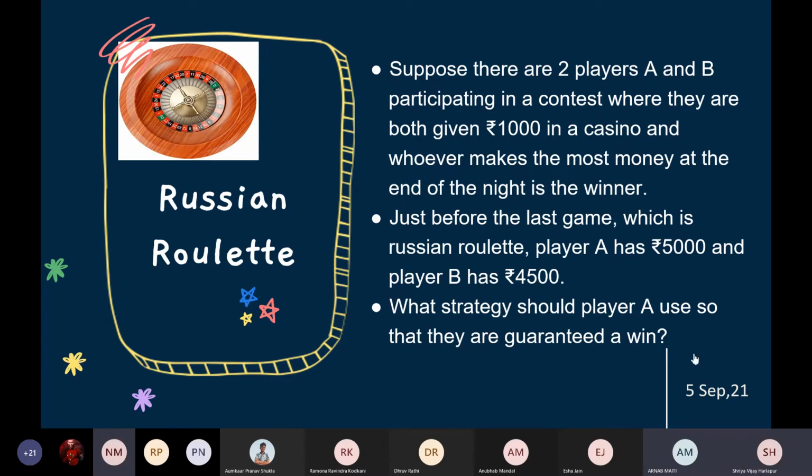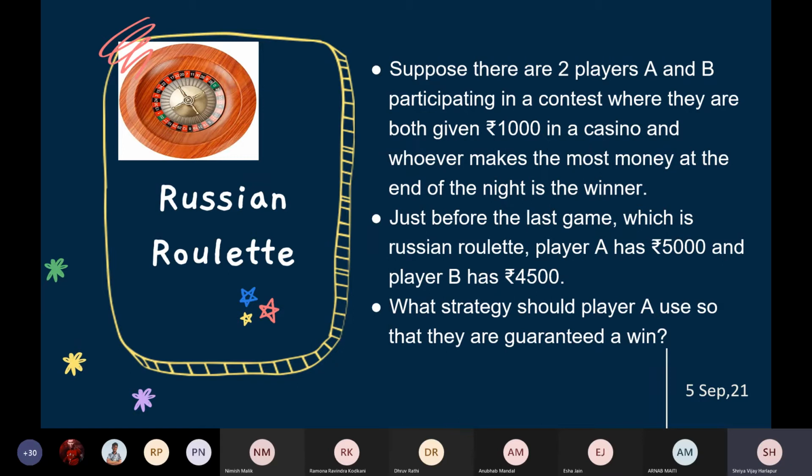Okay. If A bets after B, then A just has to match B's bet. For instance, if B bets anything, player A just has to bet the exact same thing. Yeah, exactly. If player A bets the exact same sort of bet and puts in the exact same amount, then they are guaranteed this 500 rupee lead over player B, right?